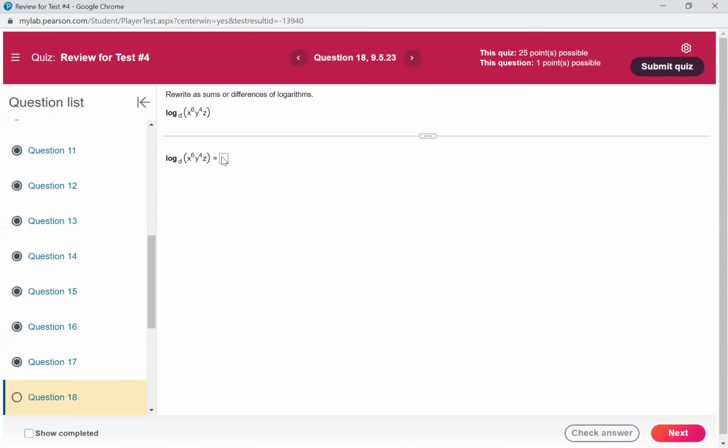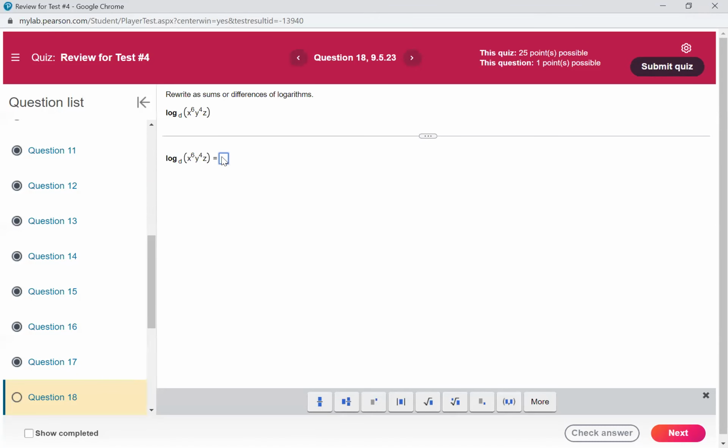Well, now this one takes time to put in because I had a 6 log. Mine had a base D, arrow right, put in my x. Then it was a plus 4 log base D, arrow right, and put in my y.